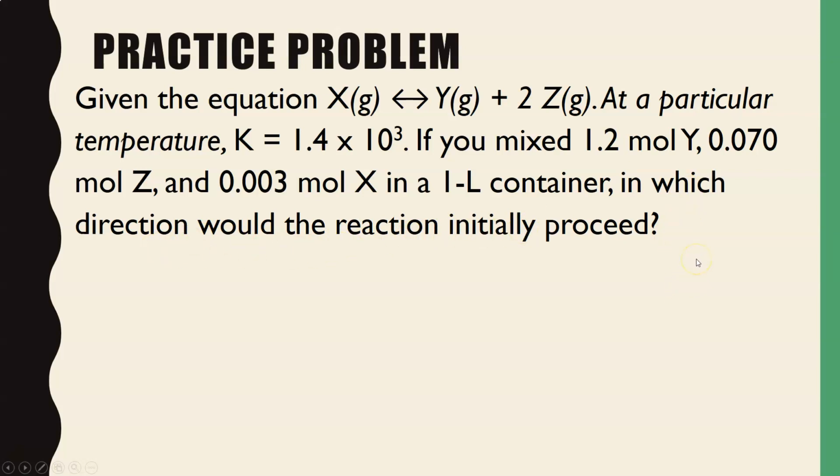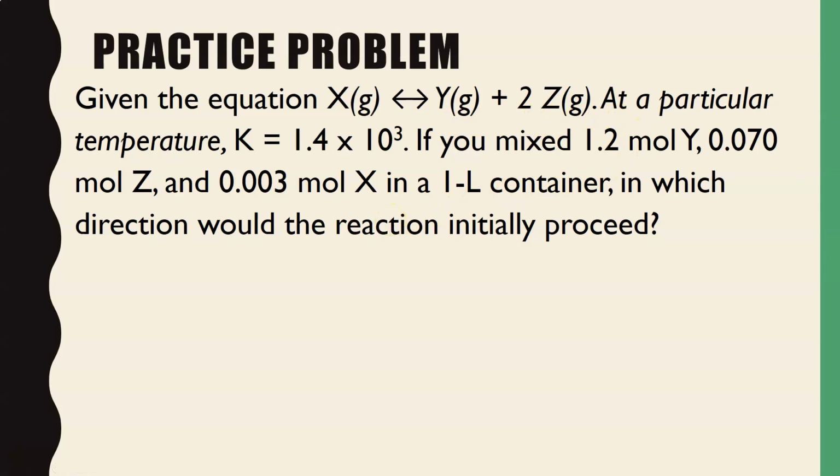So what you need to do is set up the law of mass action, the equilibrium expression for this chemical equation. Then you calculate your concentrations. Remember, molarity is moles per liter. Calculate your concentrations for each substance.